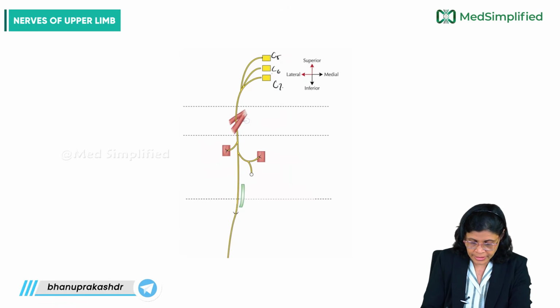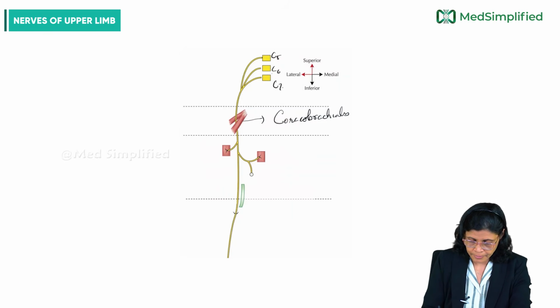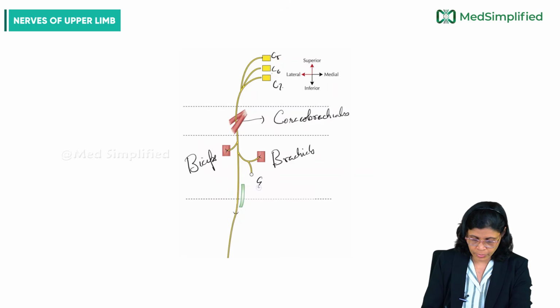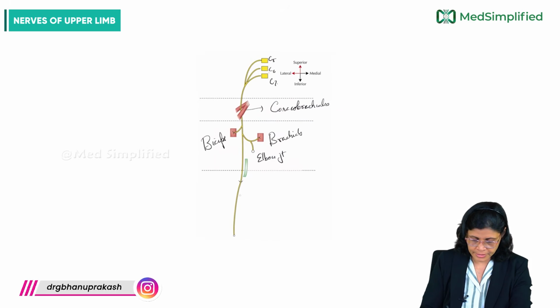It pierces the biceps as well as the brachialis muscle, and in the articular branch it supplies the elbow joint, then pierces the deep fascia, becomes cutaneous and continues as the lateral cutaneous nerve of forearm.